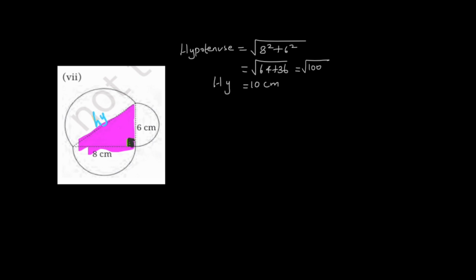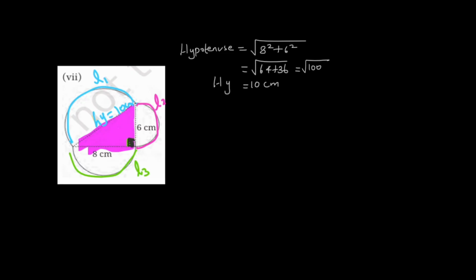Here we have one arc length, say L1. Another arc, say L2. Then one more arc, say L3.